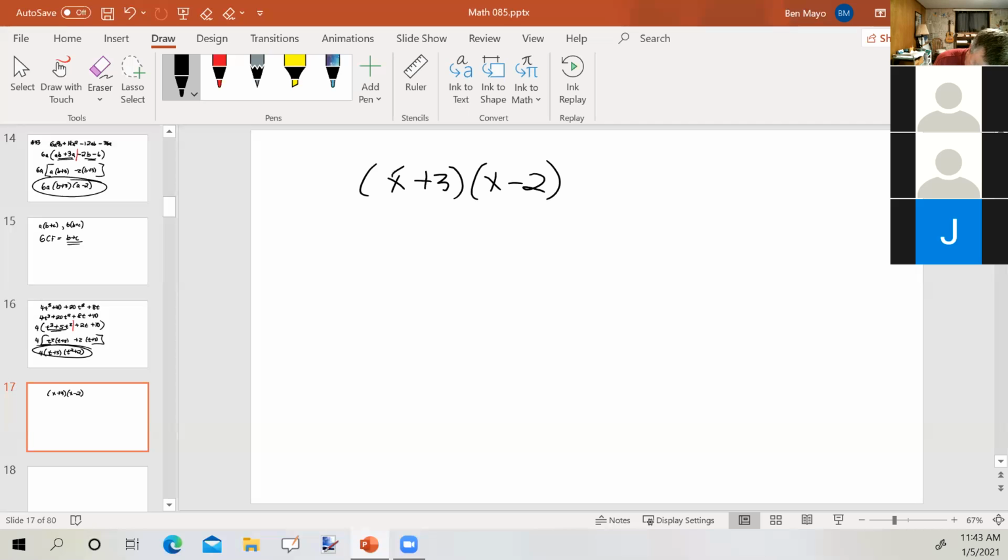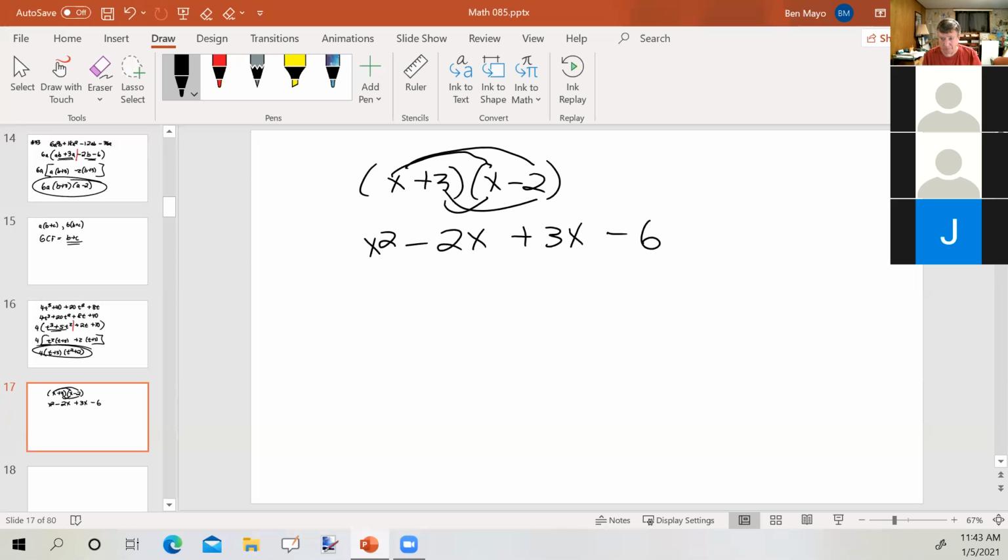Okay, so we take x times x and we get x squared, x times minus 2 and we get minus 2x, 3 times x and we get plus 3x, 3 times minus 2 and we get minus 6. Everybody okay with that process? Yes. All right, then combining like terms, I get x squared plus x minus 6. So I multiply two binomials together and I get a trinomial with 3 terms.